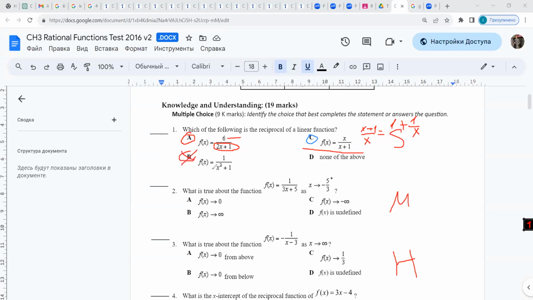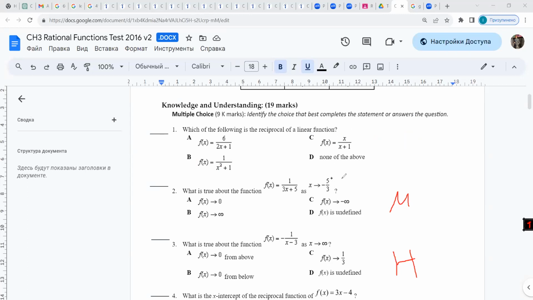B is not correct also because of x squared in here. Is it clear, Safa? It would be unfortunate to lose marks on a question like this because this is a very simple one. Then just pay attention to the numerator.